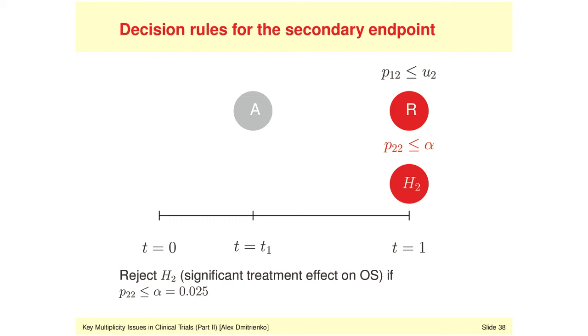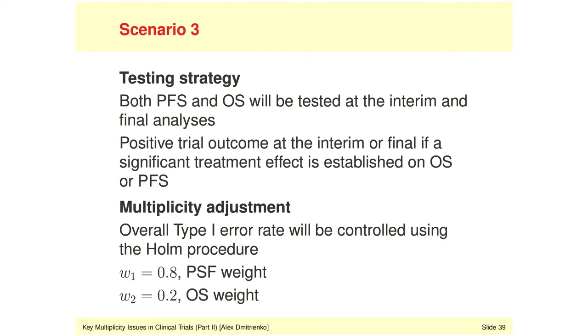For that reason, we can apply the full alpha level to the H2 test at the final analysis. The next scenario we're going to consider in this section assumes the same general setup as in scenario 2, which means that both PFS and OS will be tested at the interim analysis as well as the final analysis.